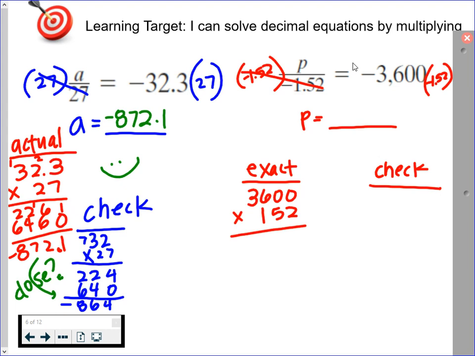Also, a couple things I'm noticing before I even get the answer. A negative times a negative is a positive answer, so I know that right away. And I see 2 decimals in the problem, so my answer will also have 2 decimals in it.